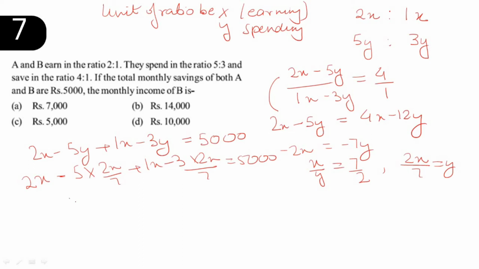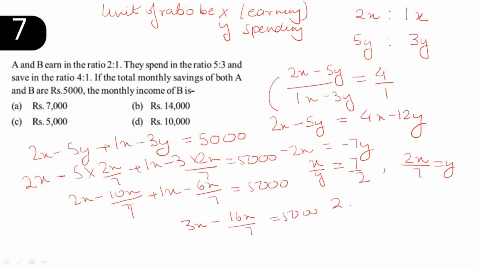So what will come here? 2x minus 10x upon 7 plus 1x minus 6x upon 7 is equal to 5000. So on adding, we have taken LCM here.